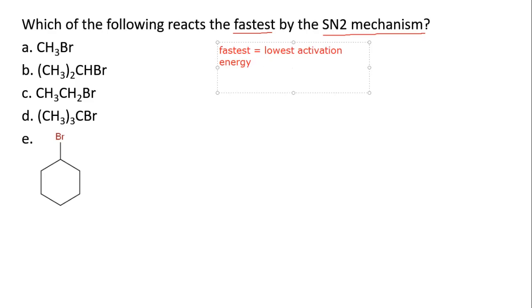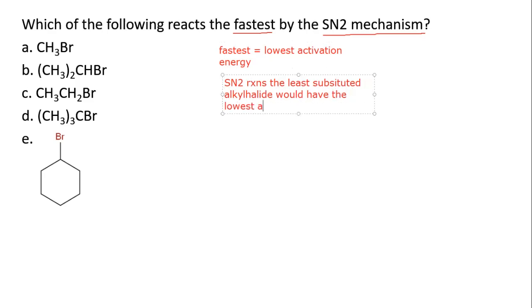For SN2 reactions, the least substituted alkyl halide would have the lowest activation energy. So again, the least substituted alkyl halide would have the lowest activation energy.